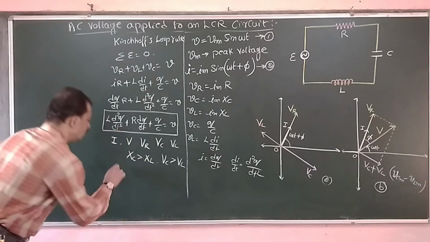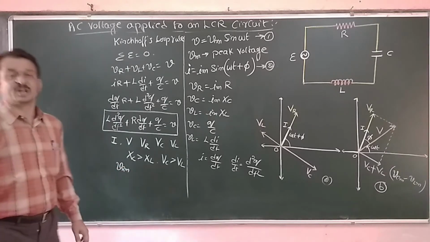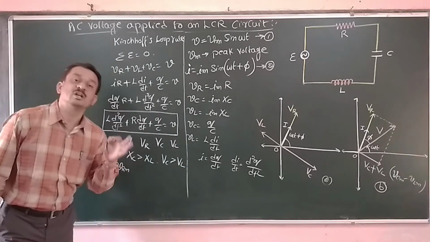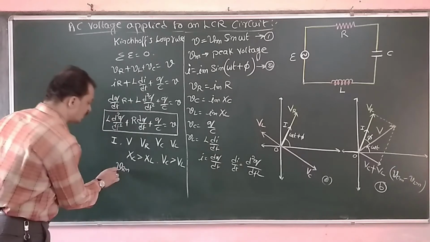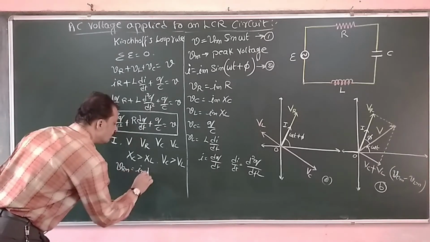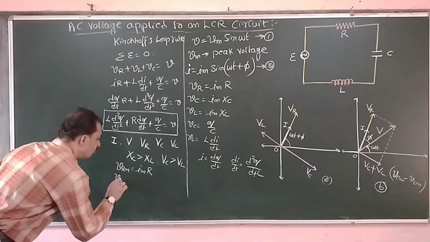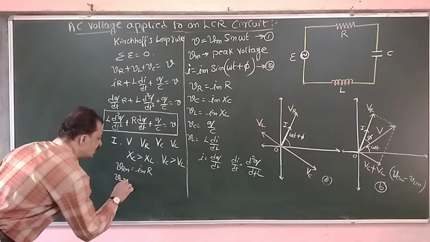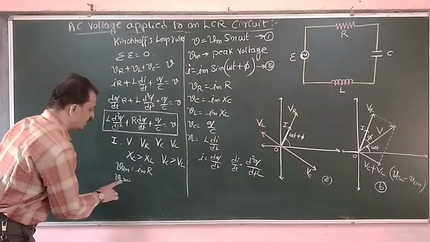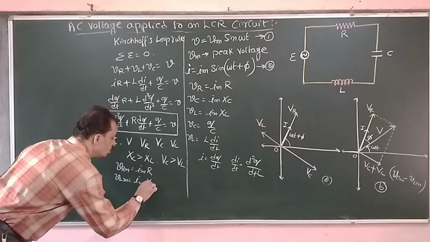And one more thing, the peak value of voltage across the resistor is represented by VRM, that is equal to IM into R. Peak value of voltage across the inductor, VLM, is equal to IM into XL.